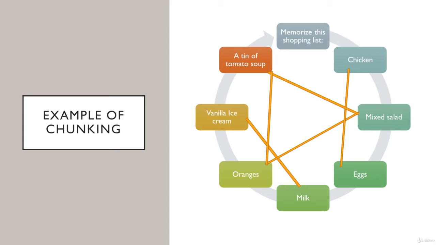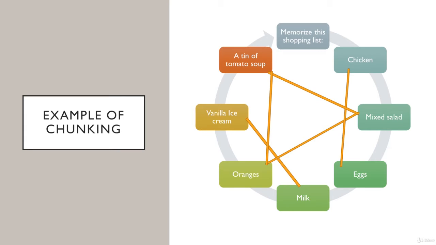And then I've gone for mixed salad with oranges with a tin of tomato soup. You might want to picture a tin with oranges and salad on top, some way of combining. It kind of makes a flag colour, doesn't it? If the mixed salad is green, the oranges are orange, the tomato soup is red, it's kind of a weird flag. Now there are lots of other ways to group these items, so you might want to go for a different way of chunking.